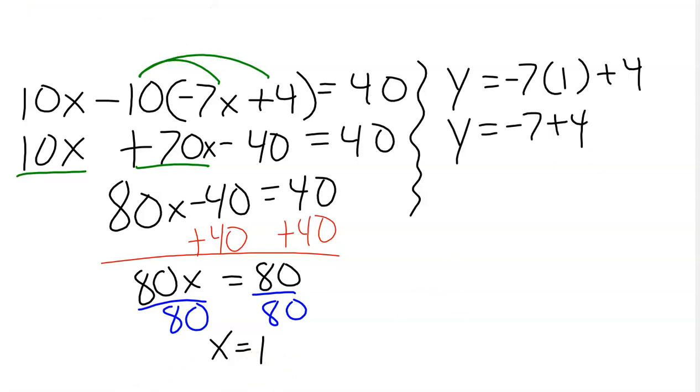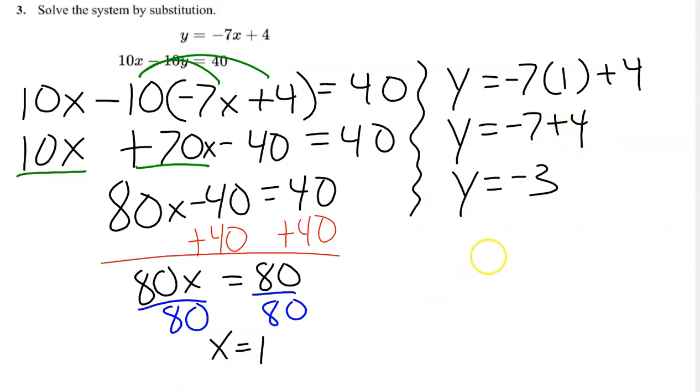Negative 7 times 1 is negative 7. Alright, different signs, find the difference. 7 minus 4 is 3. And since the 7 is a bigger absolute value, make it negative 3. So my coordinates on here is 1, negative 3.